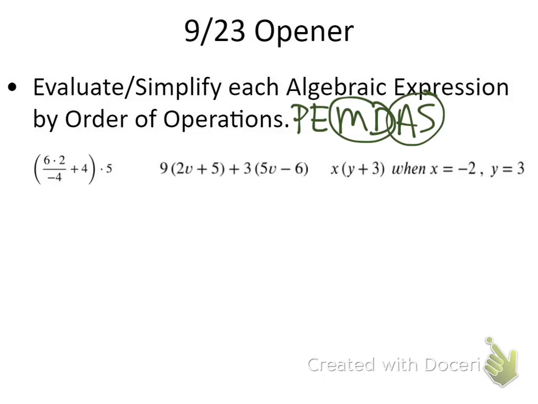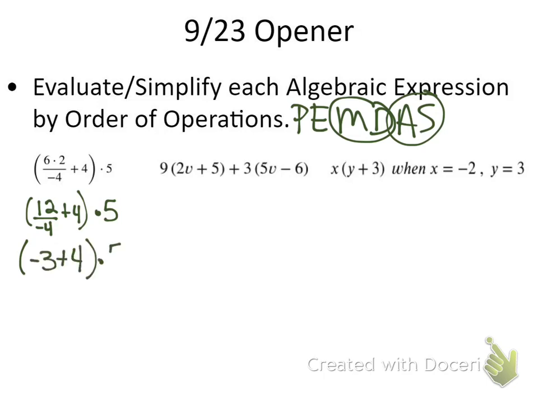So if I'm looking at my first expression here, where do I start, Ben? 6 times 2 would be 12. So you took 6 times 2 and got 12? Yep. So we have 12 divided by -4 plus 4 times 5. Okay. Then what did you do, Ben? I divided the 12 by -4 and got -3.